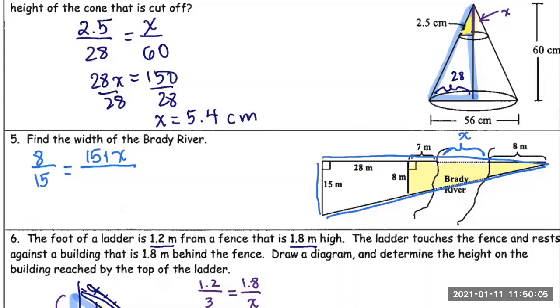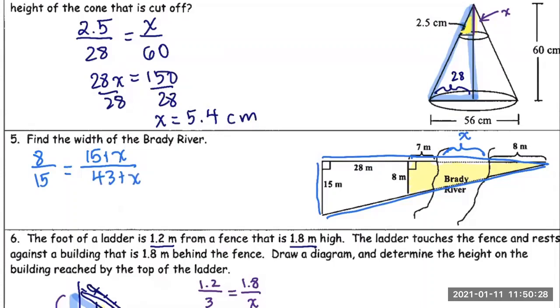Good, Ava? Yes. Okay, that looks good. Very nice. So we're adding the 28 to the 7 and the x and the 8 to get the entire length of this. Very nice, it's 43 plus x. So it's equal to, or over 43 plus x.